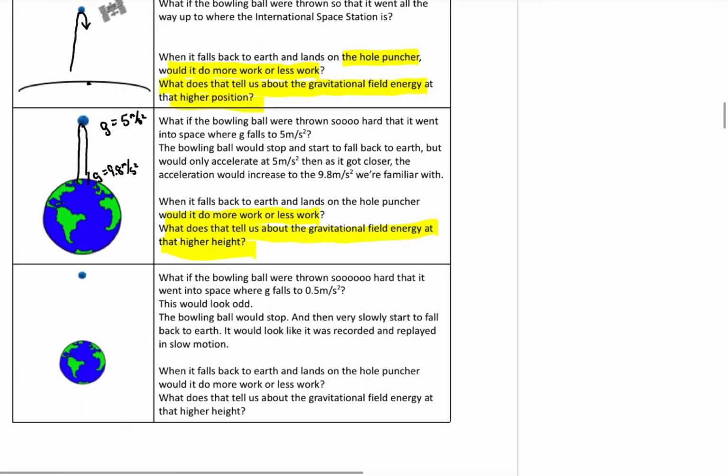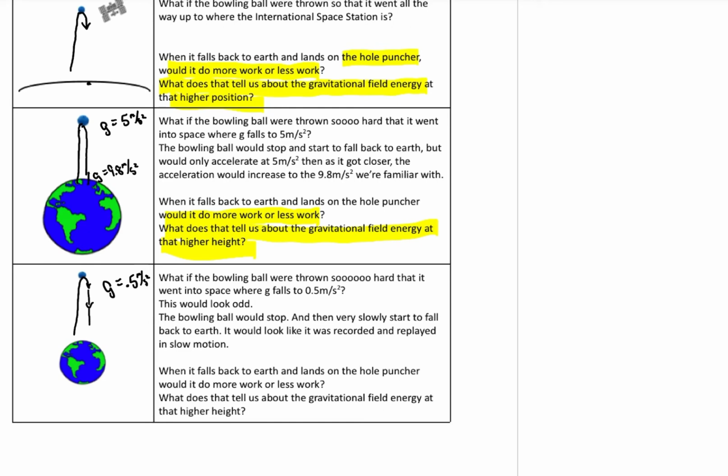Okay, this one would be cool if we could pull this off. What if I threw it so far that when it got way out here, the g was almost 0? I just made up a number, g is 0.5. So at that moment, it's going to stop and it's going to accelerate, but it's almost going to look like it was videotaped and played back in slow motion. It's not going to fall at 9.8. It's going to fall at a fraction of 9.8. It's going to fall back down, and as it gets closer to Earth, the g is going to increase.